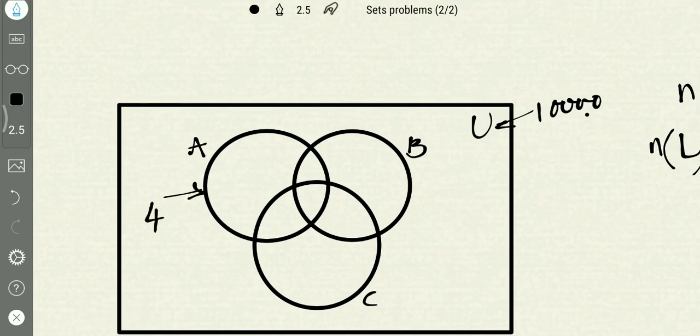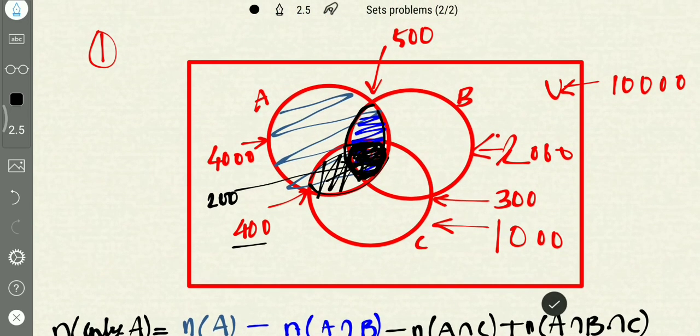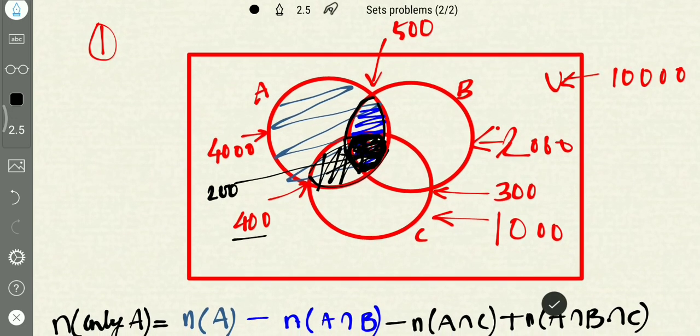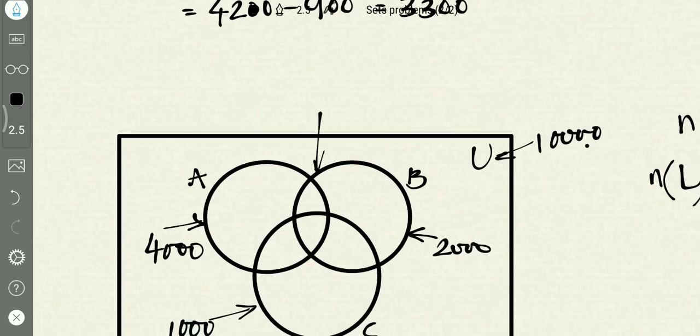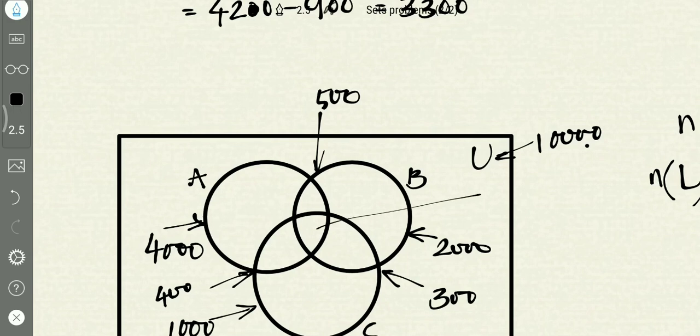For A it is 4,000 students, here it is 2,000, here it is 1,000. A intersection B is 500, A intersection C is 400, and here it is 300. This is 500, this is 400, this is 300, this is 200.